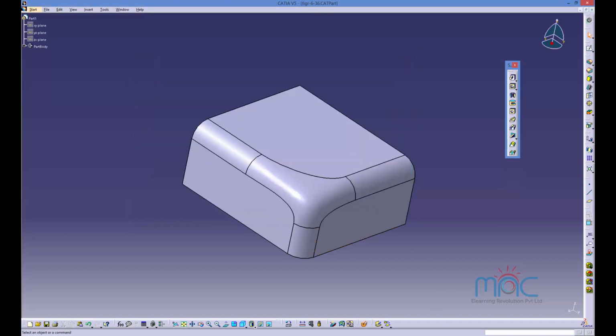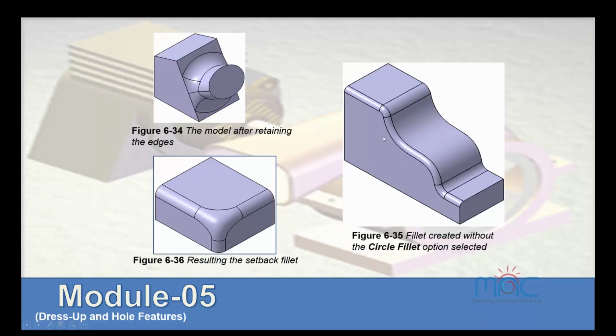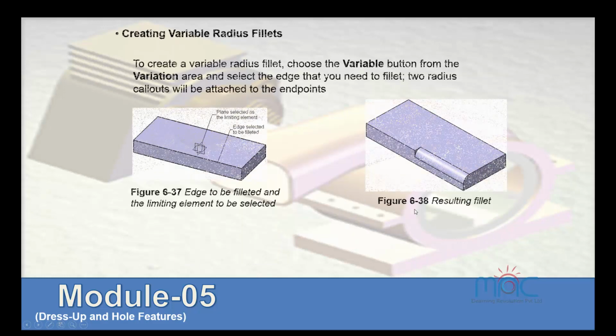So what is happening here is the fillet created without the circle fillet. So here the fillet is propagating this way, and these are the fillets available as well. And how do I apply this circle fillet, that we'll see.